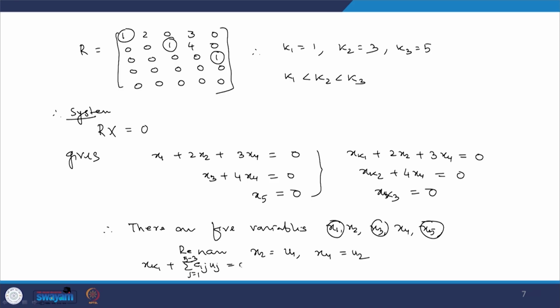This is the first equation, and the second equation is xk2 plus sigma c2j uj, j equal to 1 to 5 minus 3, equal to 0, and xk3 plus sigma c3j uj, j equal to 1 to 2, equal to 0.